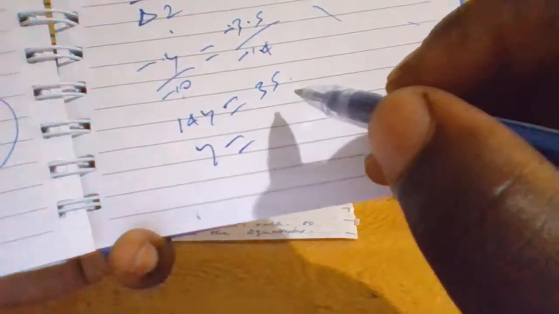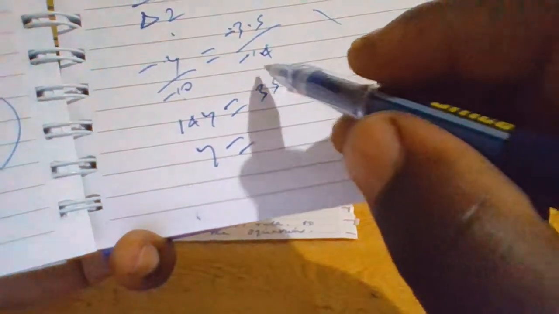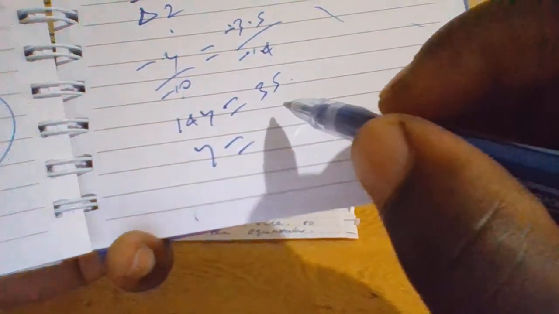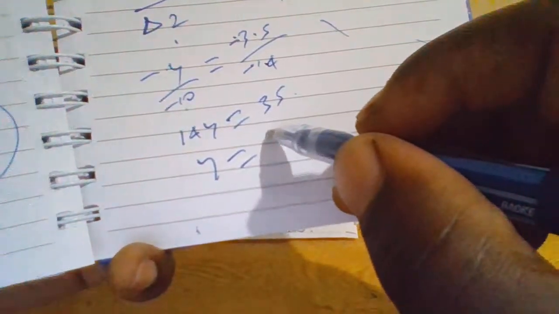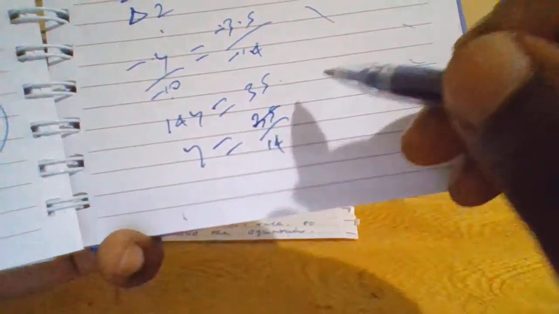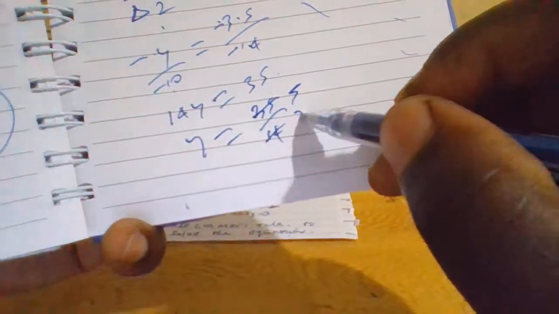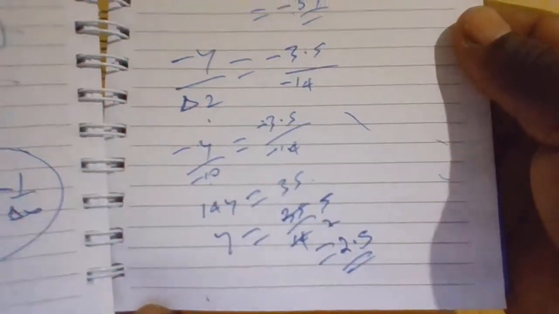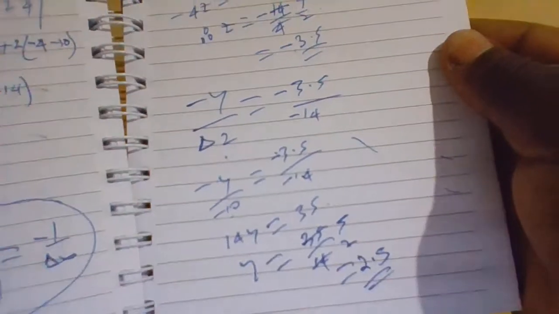Therefore y equals to 35 over 14. 7 here, 5, 7 here, 2. So this equals to 2.5. So y equals to 2.5.